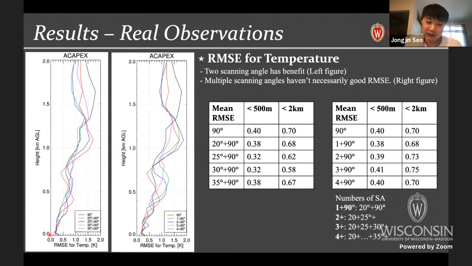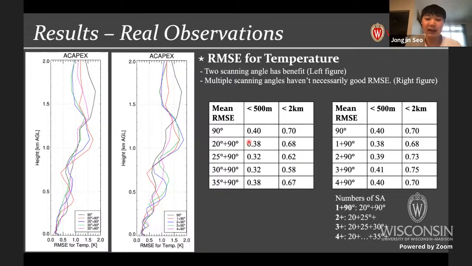So at the 2 scanning angle test, 2 scanning angles show better performance near the surface, and these tables are the mean RMSE below 500 meters and 2 kilometers.